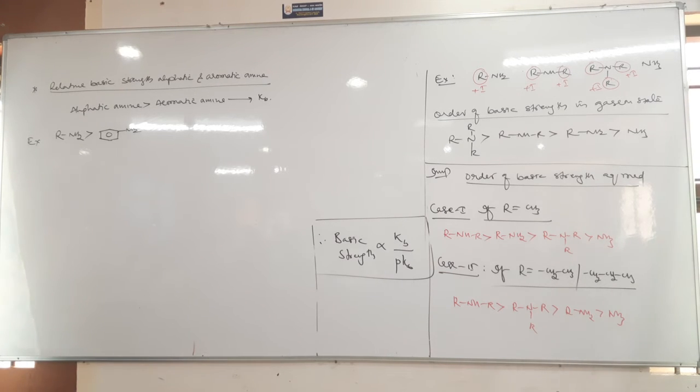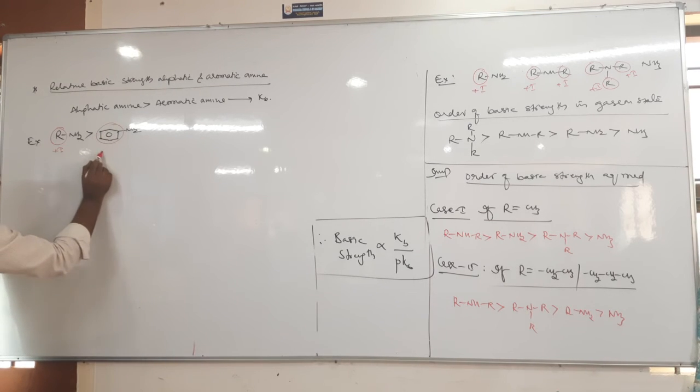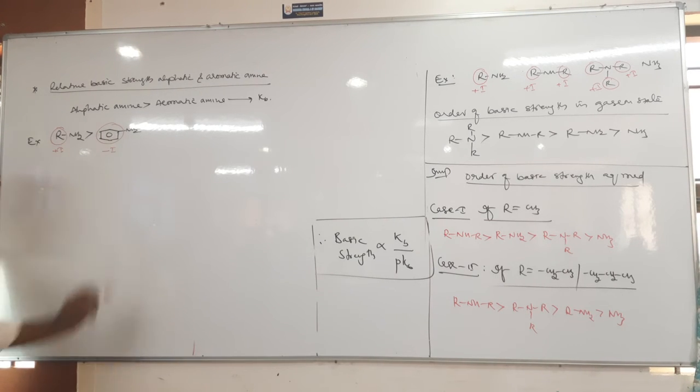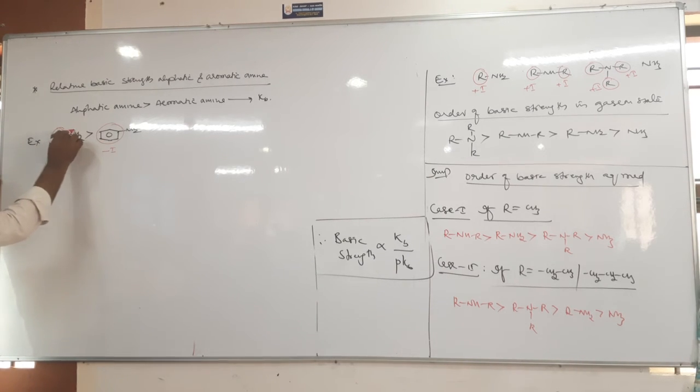One reason: the alkyl group is a plus I group, we all know, and the phenyl ring is a minus I group. That is one reason, but there is another reason also. There is one lone pair here, and here also one lone pair.